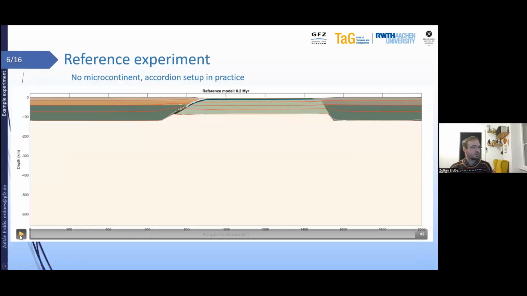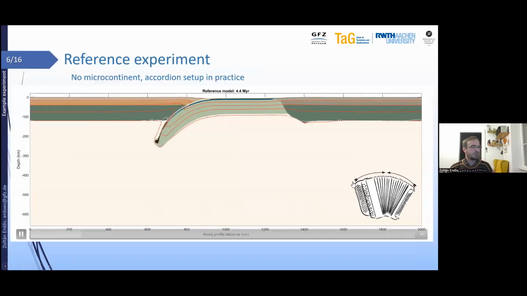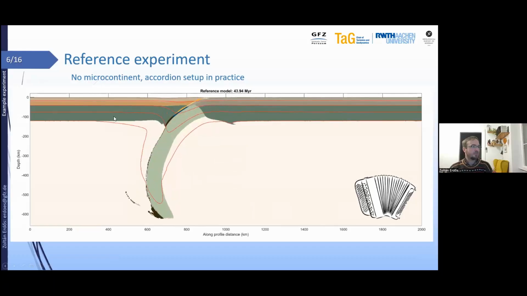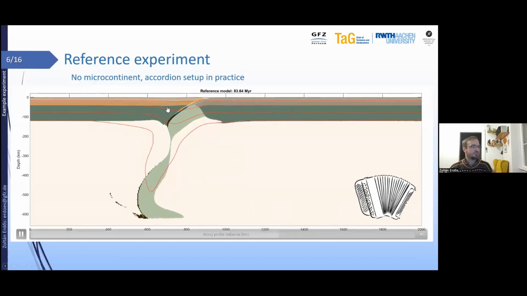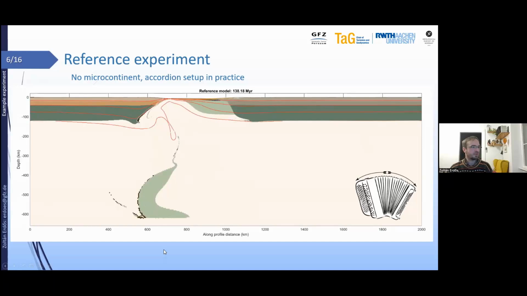So if I start this, first I'm in a phase of convergence where I'm closing the accordion. Then I'm stopping motion on the sides of the boundary. So this is the relaxation phase. I have the slab break-off, and then at 130 million years, I start extending, and I extend until I reach full crustal breakup.